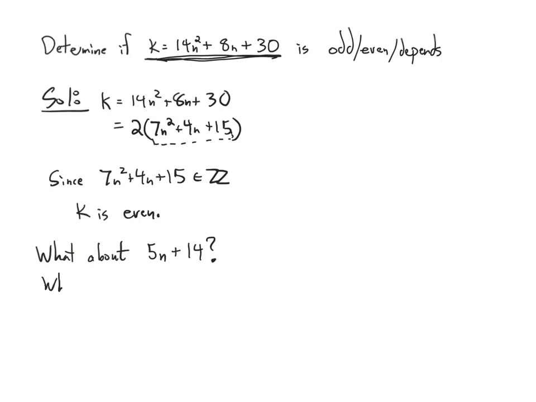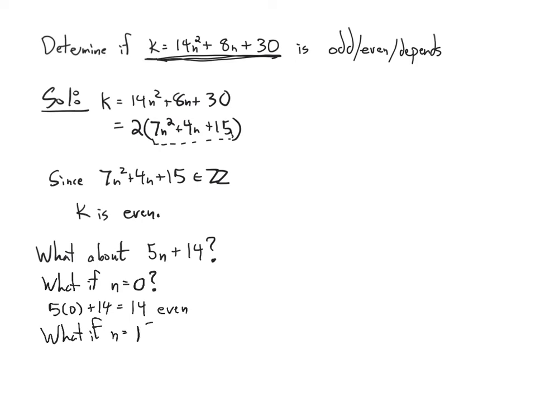It's always good to do n equals 0 first because that's really easy. Then 5 times 0 plus 14 is 14. And 14 is, of course, an even number because you can write it as 2 times 7. What if, let's try another n.